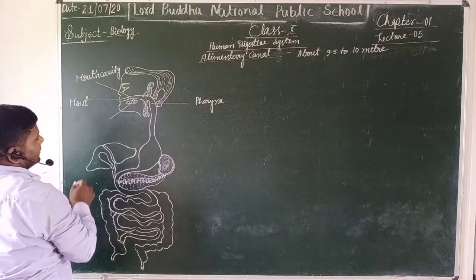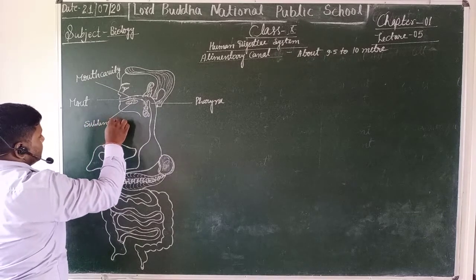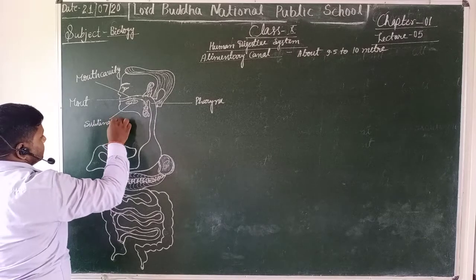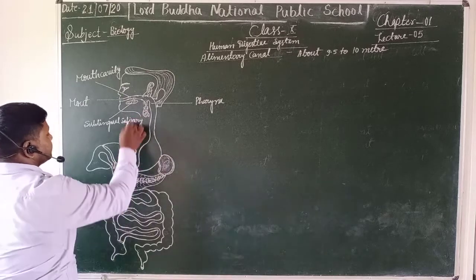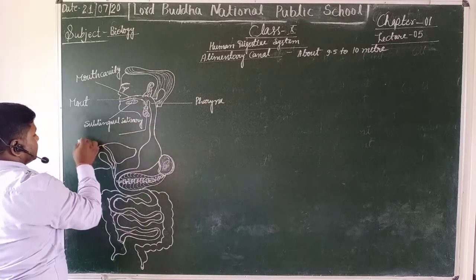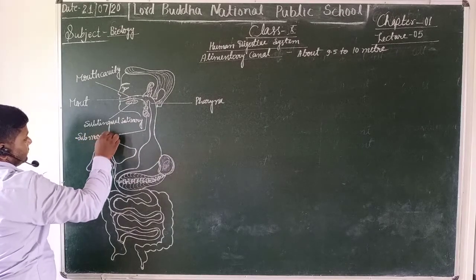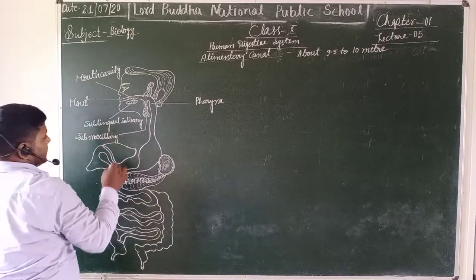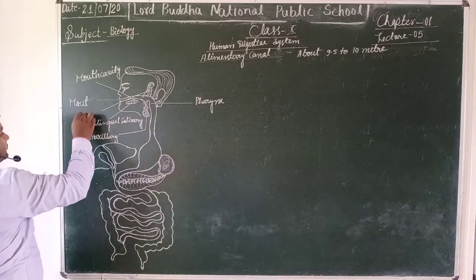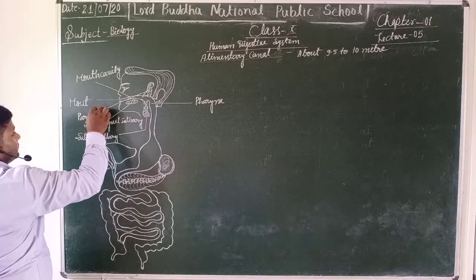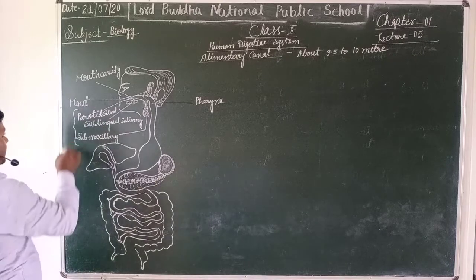Sublingual salivary gland. This is submaxillary, and that one is the parotid gland. These all are salivary glands.